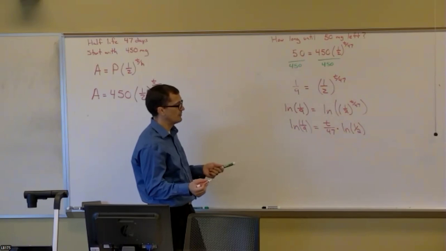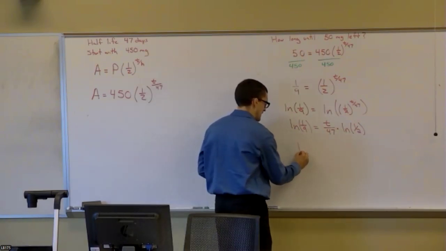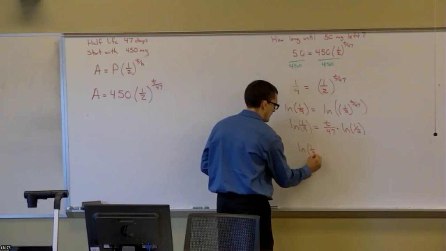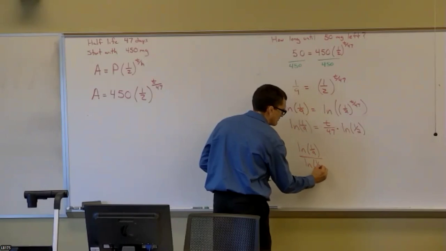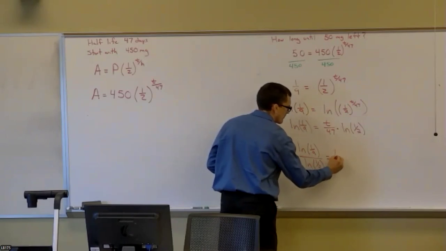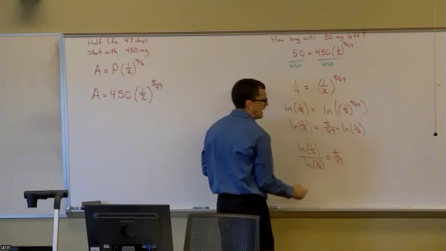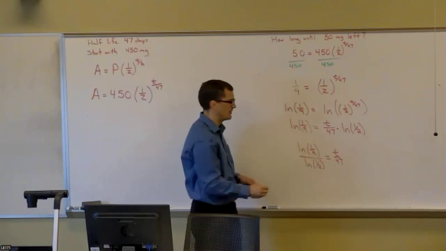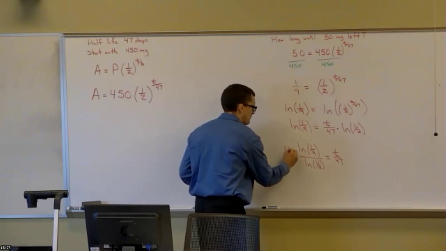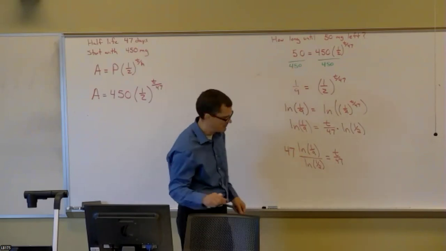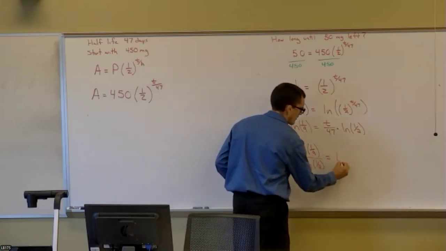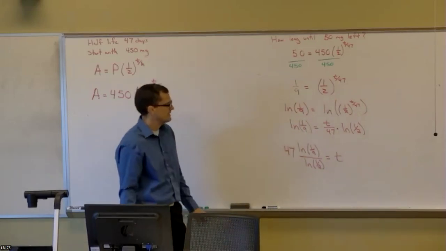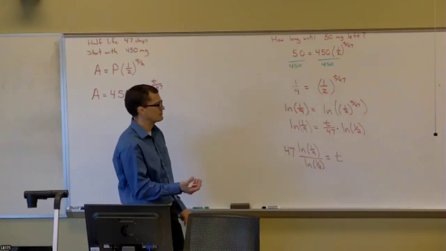And then what I would do is I would divide both sides by the natural log of 1/2. And then to get rid of the 47 in the denominator, I would multiply both sides by 47. I'm going to do that in one step. So t is going to be 47 times the natural log of 1/9 divided by the natural log of 1/2.